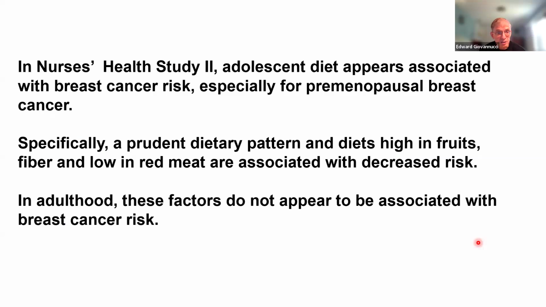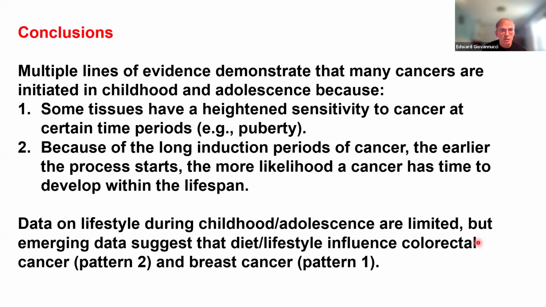Specifically, a prudent dietary pattern and diet high in fruits, fiber, and low in red meat are associated with a decreased risk. Interestingly, in adulthood, these factors do not appear to be associated with breast cancer. So this is my last slide.